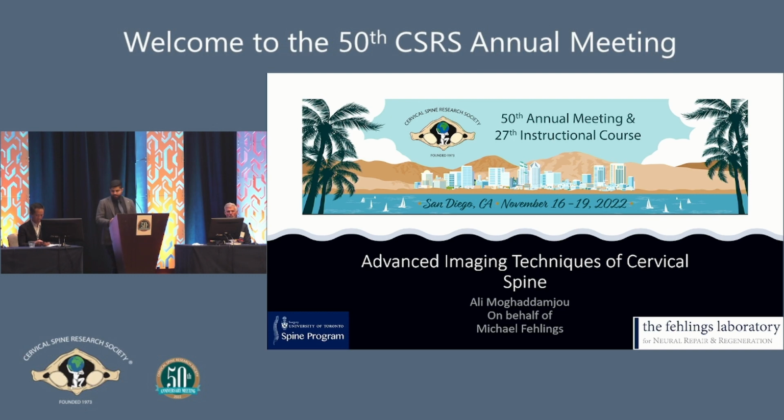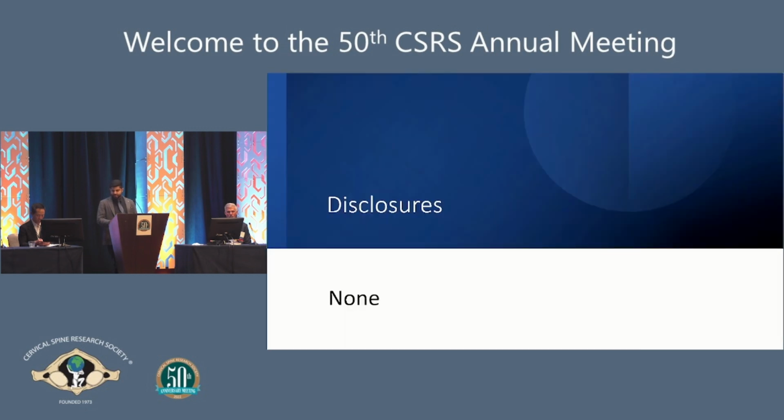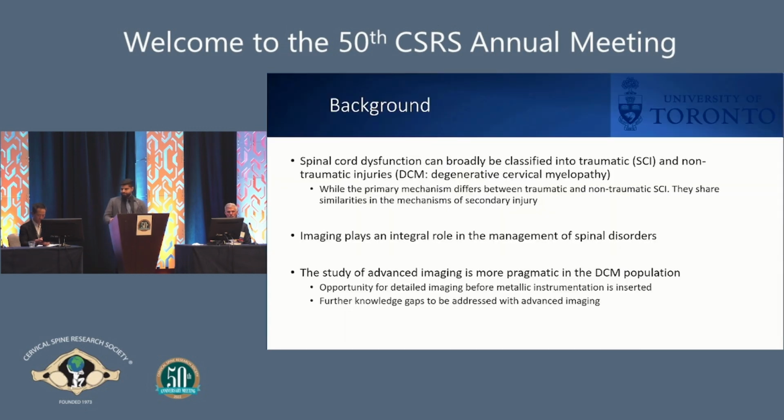Before we start, I also want to acknowledge Dr. Alan Martin at UC Davis, whose research this talk is largely based off. We have no commercial disclosures. As a background, imaging, while relatively new to medicine, is an essential part of spine surgery. Research on advanced imaging tends to be focused on non-traumatic spinal cord injury, so degenerative cervical myelopathy, as opposed to traumatic spinal cord injury.